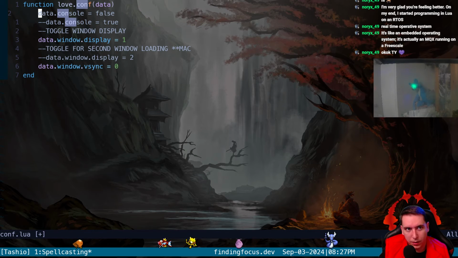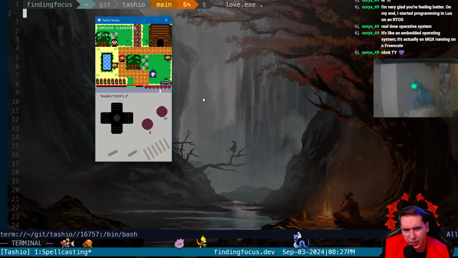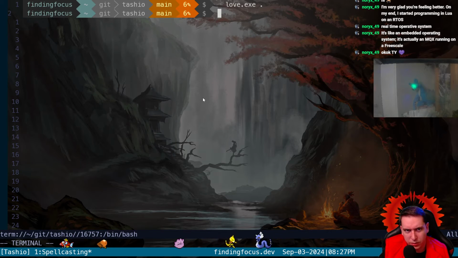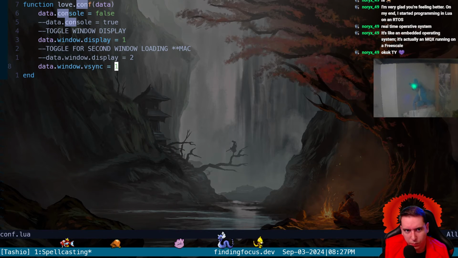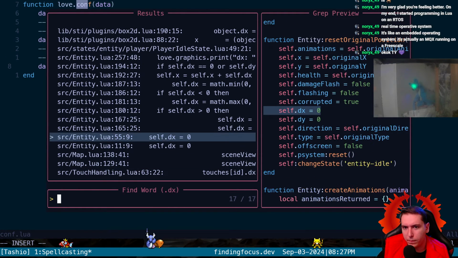Well, it looks like our DX is being assigned, I don't know why, our slow to stop isn't scaling with the frame rate. So I have a hunch that we're doing something unique with our player's DX somewhere.